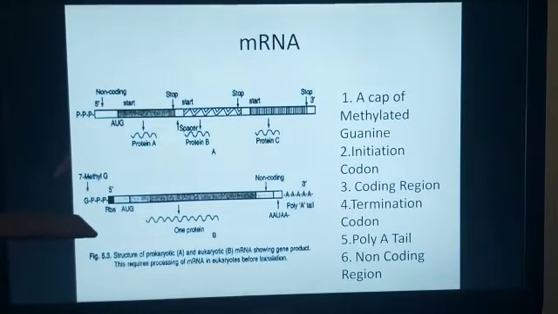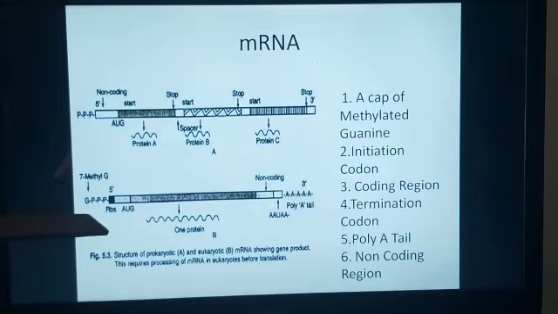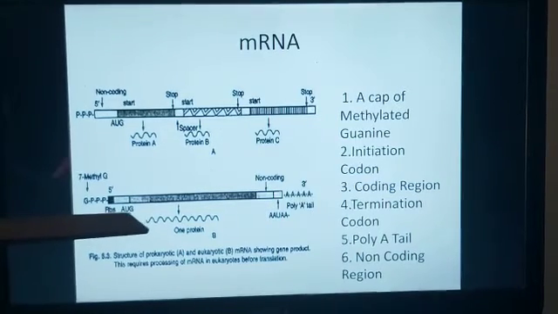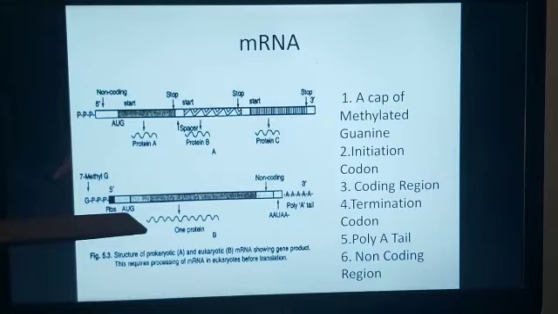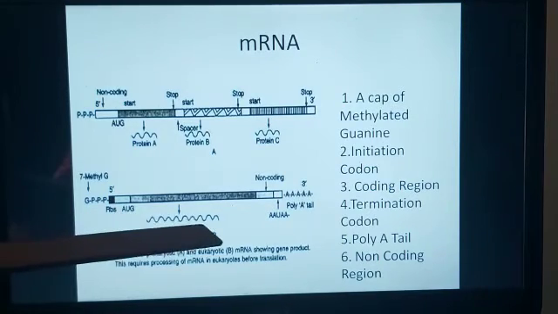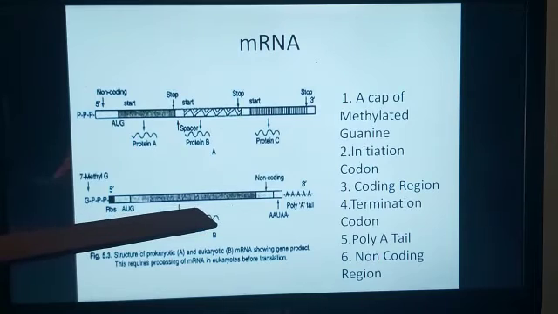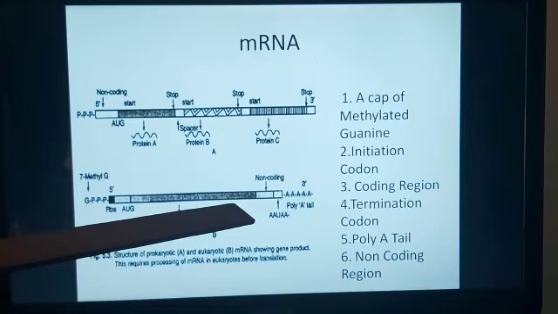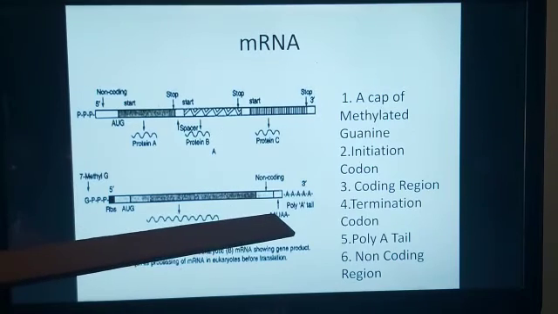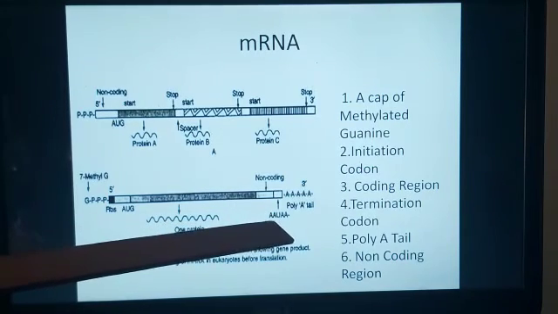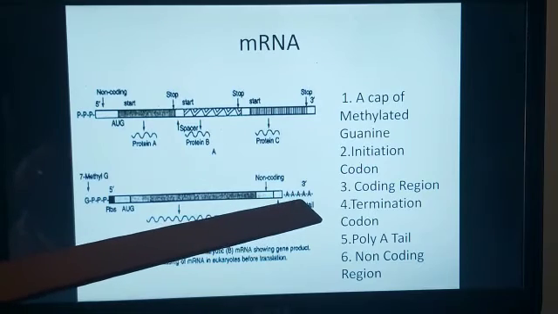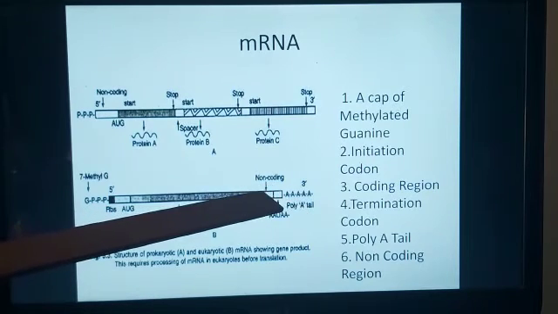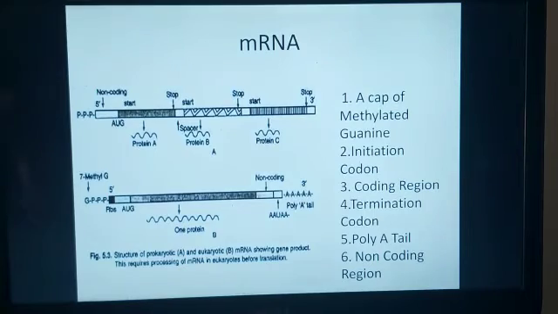There is one codon sequence here, AUG, called the initiation codon, and this is the coding region, which contains the details of the amino acids which make up a protein. It also has the termination codon and poly-A tail, and the non-coding region. These are the various parts present in the structure of mRNA.